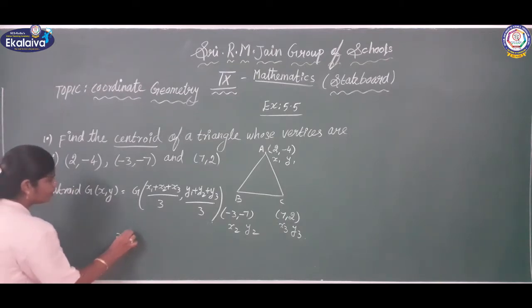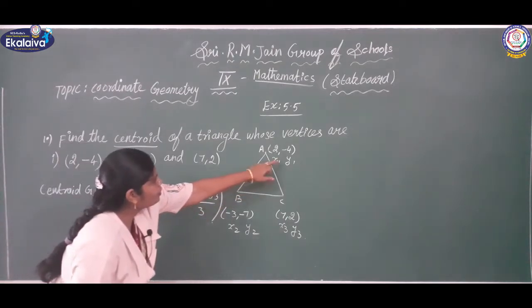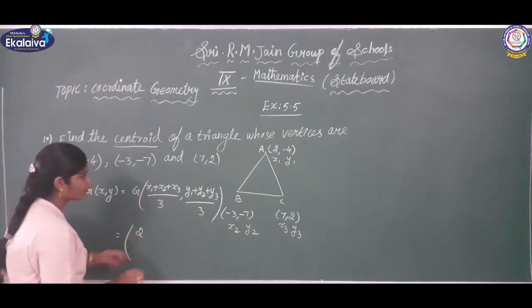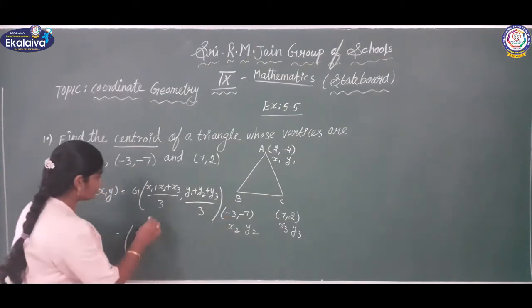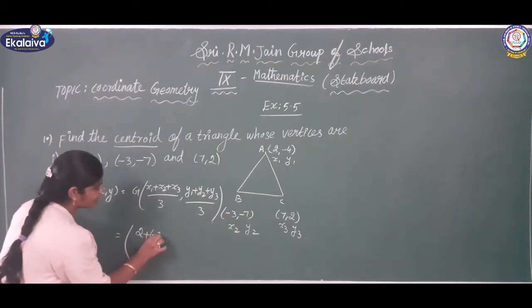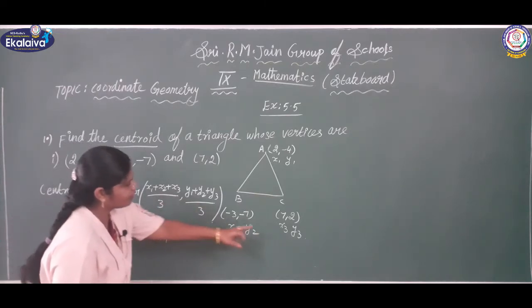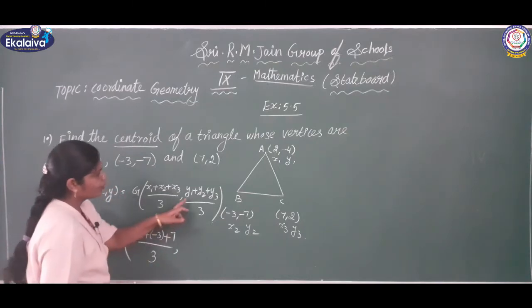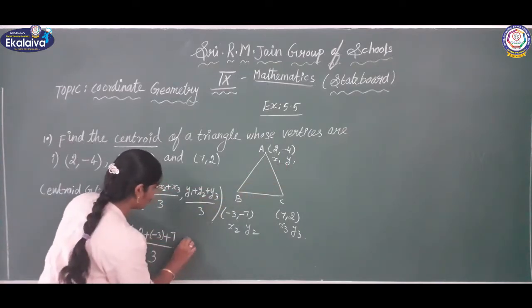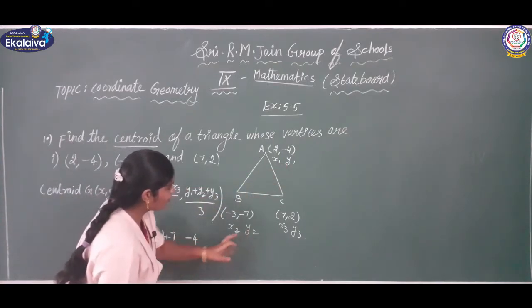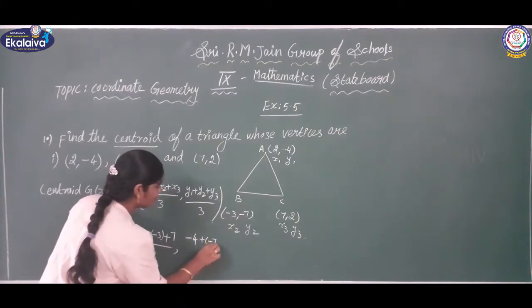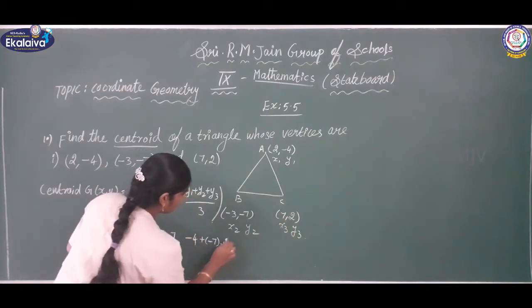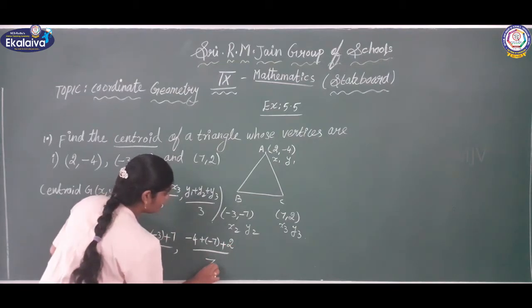Here x1 value 2, x2 value minus 3, x3 value 7, divided by 3; y1 minus 4, then y2 minus 7, y3 2, divided by 3.